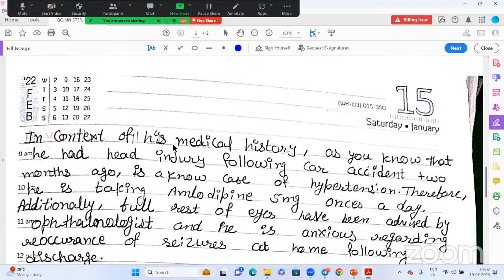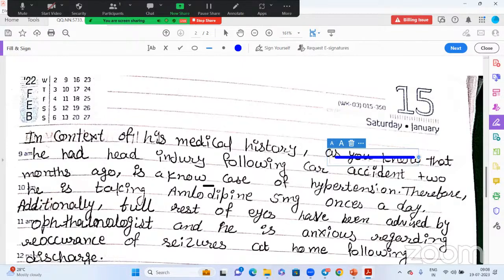Next, in context of his medical history. Why do we want to say this? We understand head injury means medical history only. As you know that he had head injury following car accident 2 months ago.